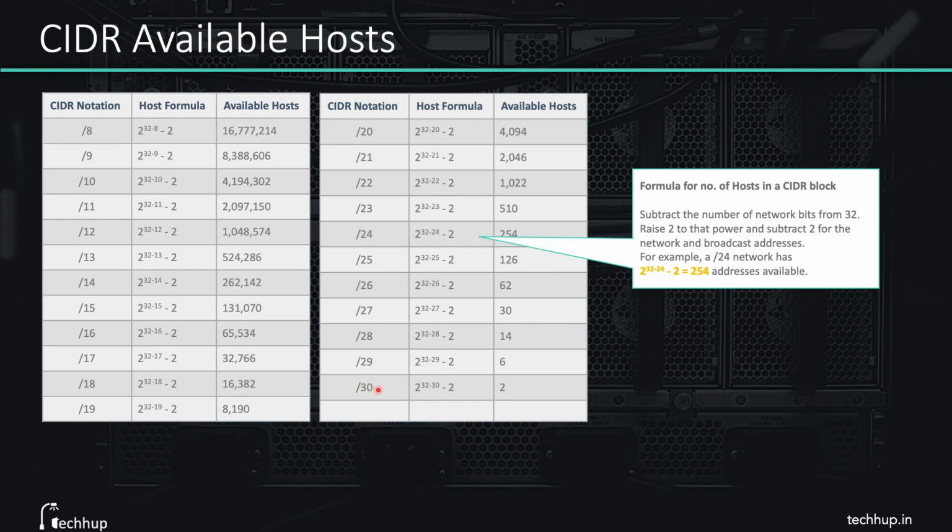A /31 is indicative of only one IP, so that doesn't qualify to be called a network, so we have skipped that out. But if you see a /31, you can understand that we are talking about only one IP.